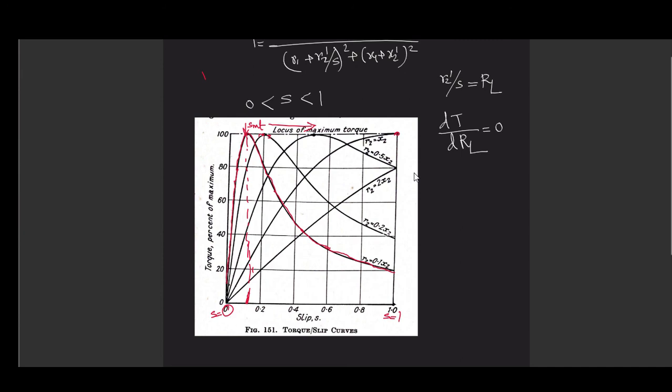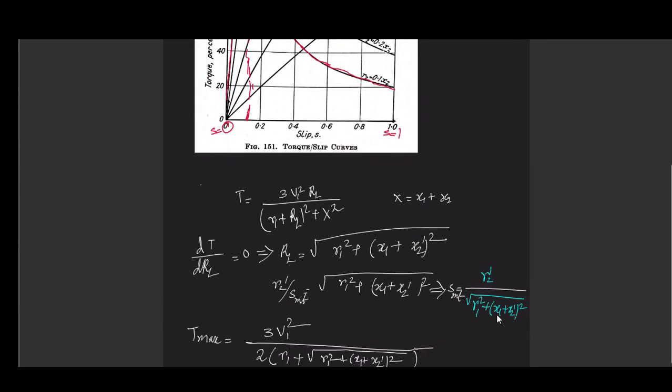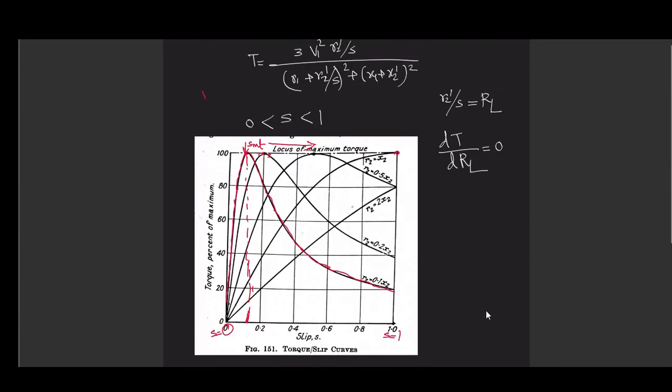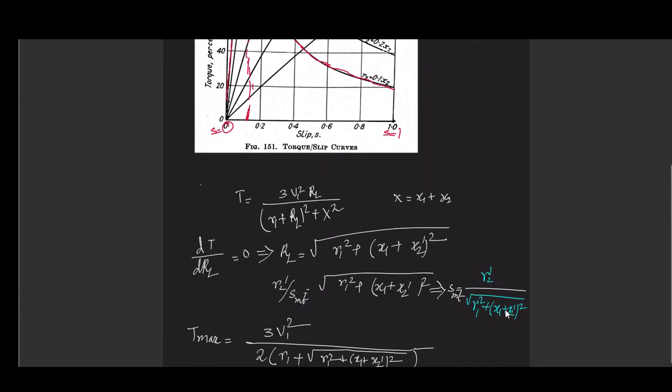In this 0 to SMT region, if you see this expression R2 dash by S, SMT being lesser than this R2 dash by this whole thing, in this region your S is less than this value.